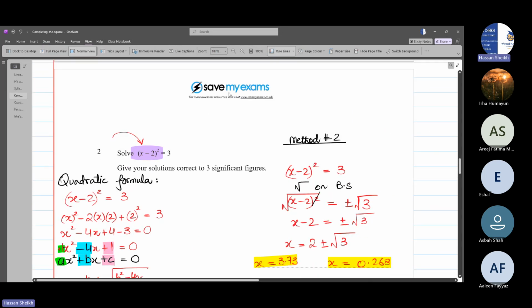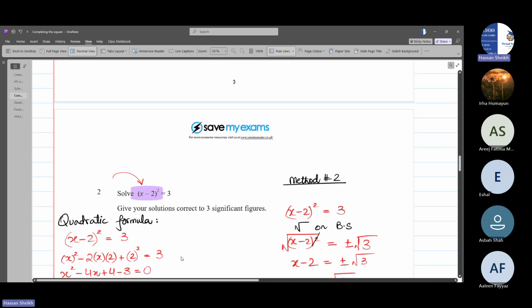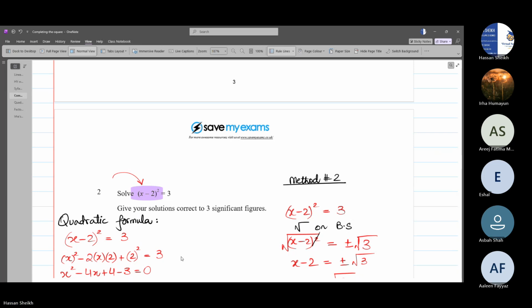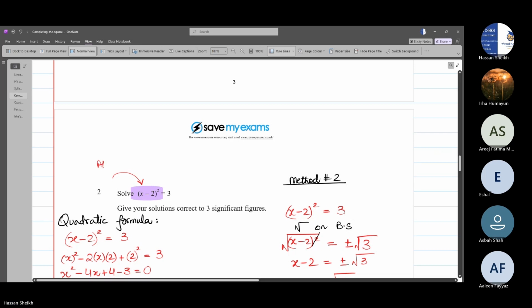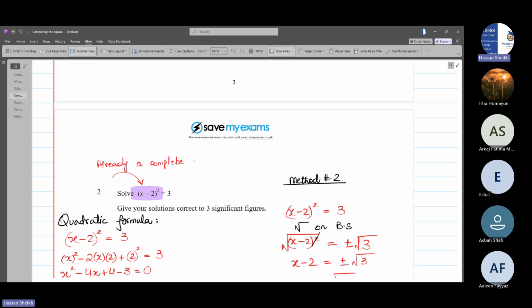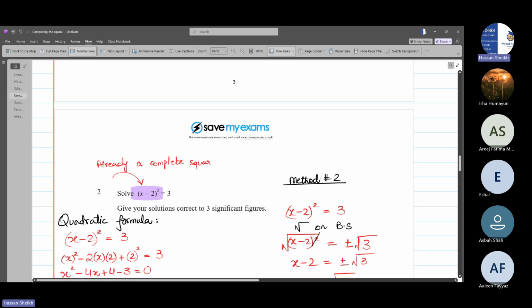The version that is written here in question number 2 of quadratic equation is already a complete square. So that's why half of the method is already done.